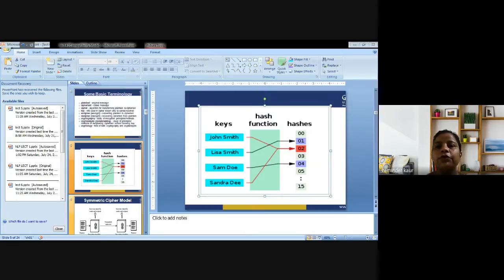You can have a look at the keys that map names to integers from 0 to 15. There is a collision between the keys John Smith and Sandra D. Two keys are referring to the same hash, that is 2. So there is a collision between two hashes. The use of a hash function to index a hash table is called hashing or scatter storage addressing.